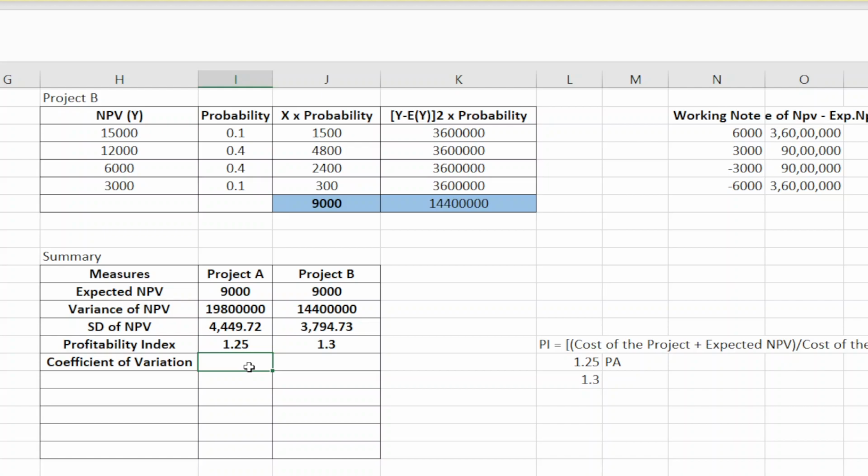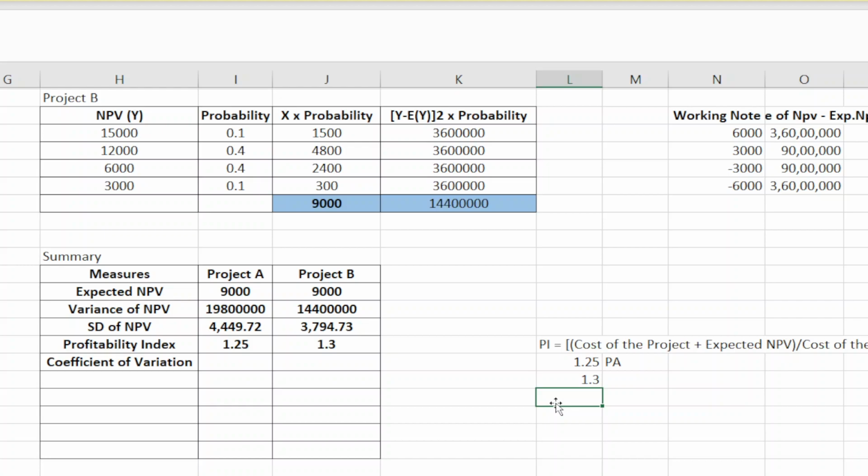Profitability index has changed, but we may not be able to give the accurate answer based on that. Let's look at the risk factor also, which has lower risk. The coefficient of variation will capture the variation of the project. Hence, we will be able to give the right answer.